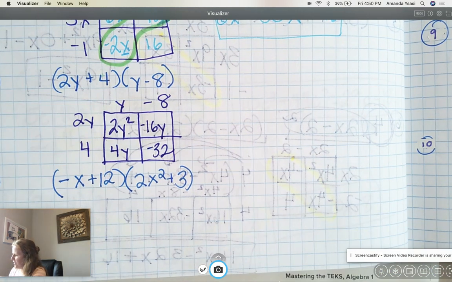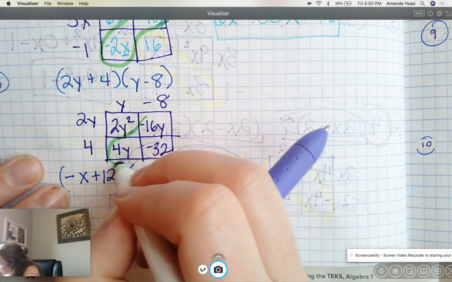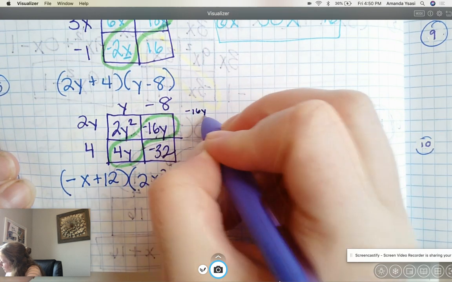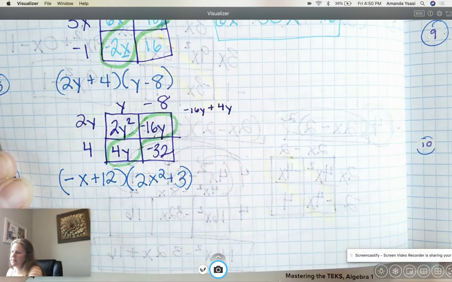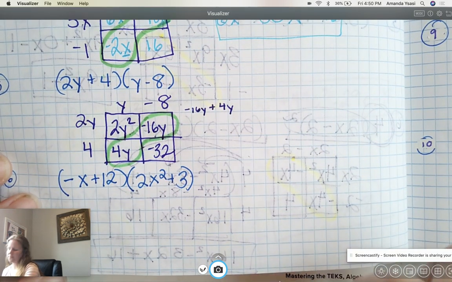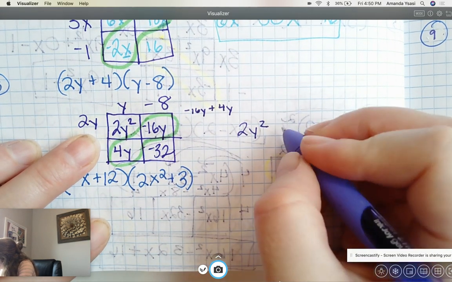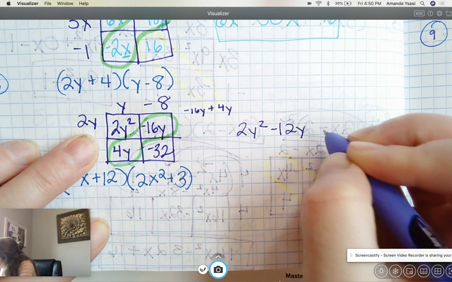Okay, and then look here, we have like terms. We have a negative 16y and a positive 4y. So that's our middle term. So we have 2y squared minus 12y minus 32.